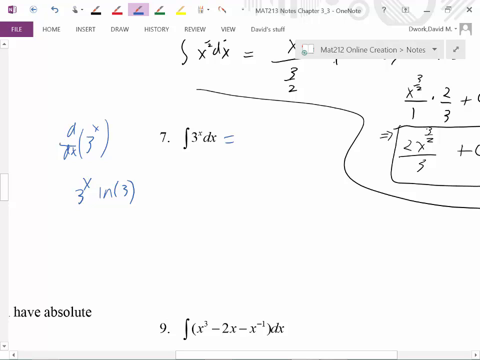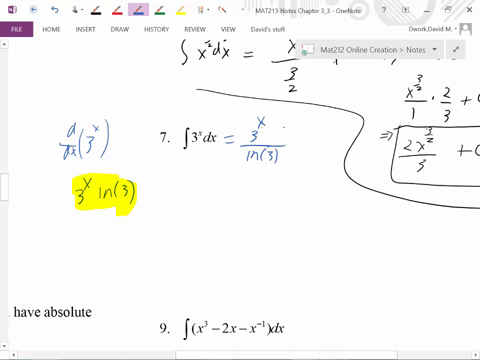Okay, well, if I started with 3 to the x, I need to end with 3 to the x, so that's still true. And usually I multiply by the natural log of the base. Well, since we're doing things backwards, what's the opposite of multiplication? That would be division, right? And you can check it if you want. What's the derivative of 3 to the x? That's this right here, right?